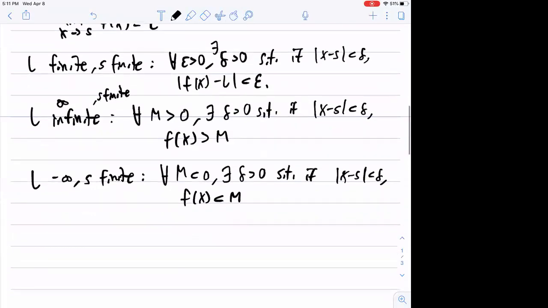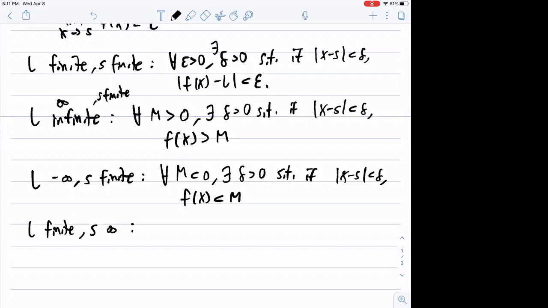So now what about s being infinity? Let me start with L finite first, and then hopefully you can combine the two.